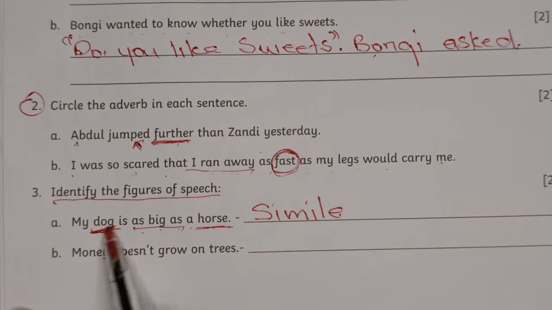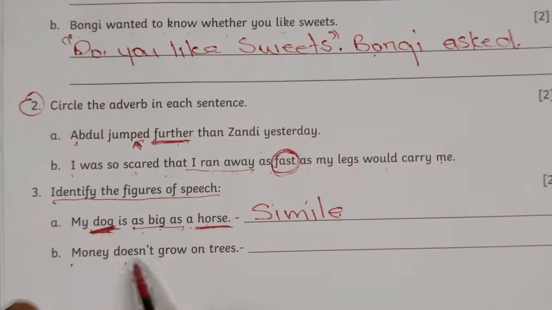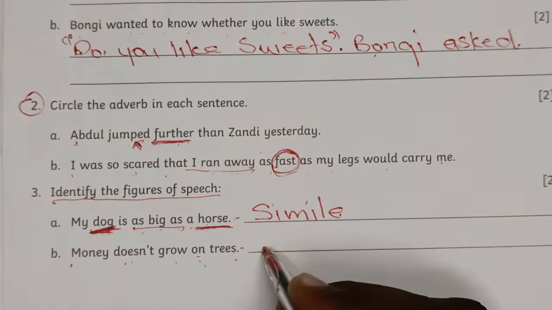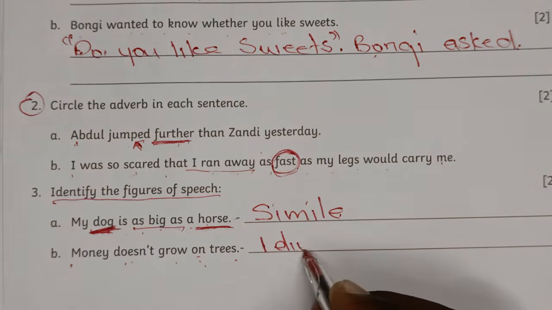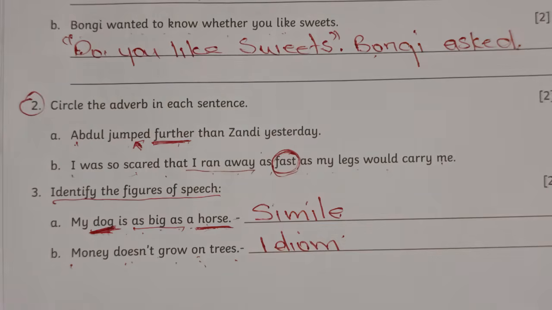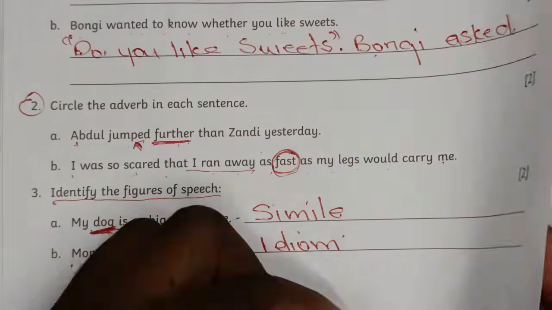Okay, number 2: money doesn't grow on trees. When you say money doesn't grow on trees, what kind of figure of speech is that? It is an idiom. If you say money does not grow on trees, you are using an idiom.